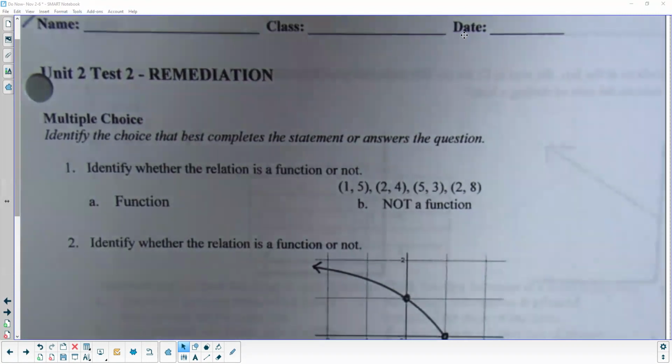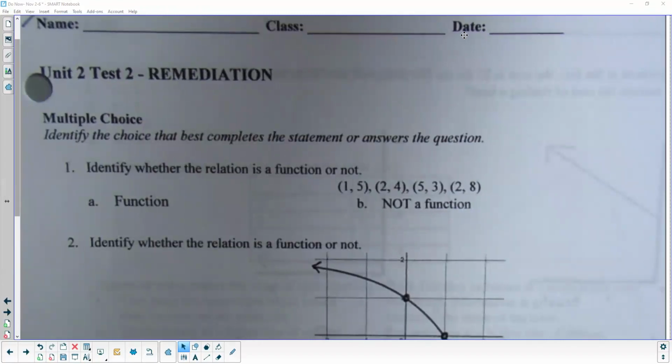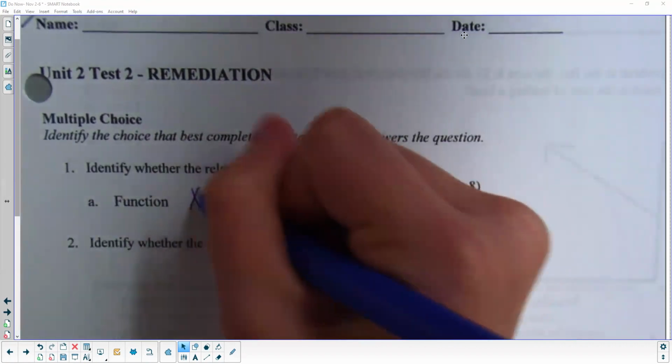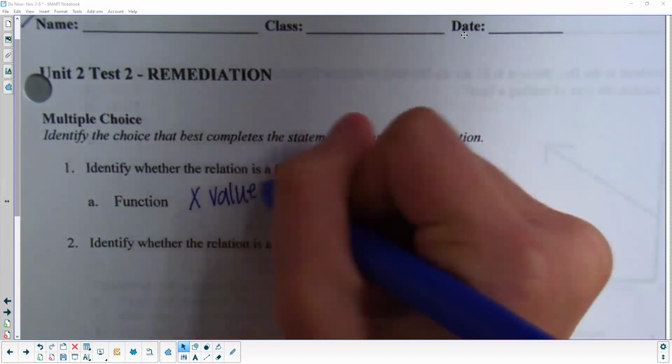And here we go. First question, identify whether the relation is a function or not. So first, to determine if it's a function or not, we are worried about if the x values repeat.